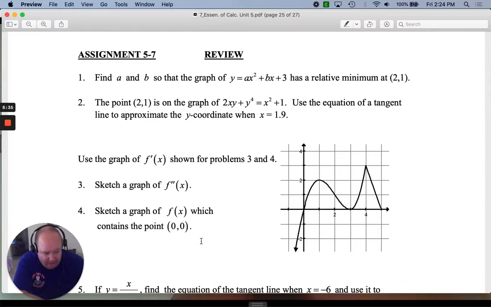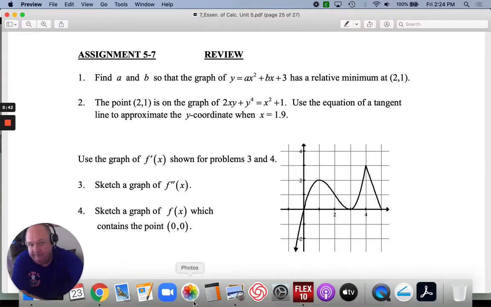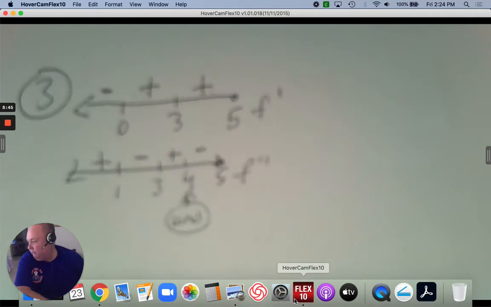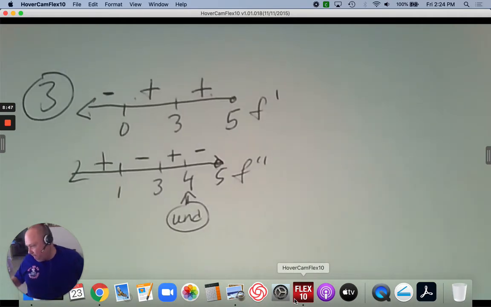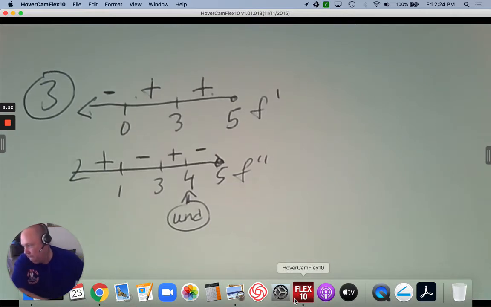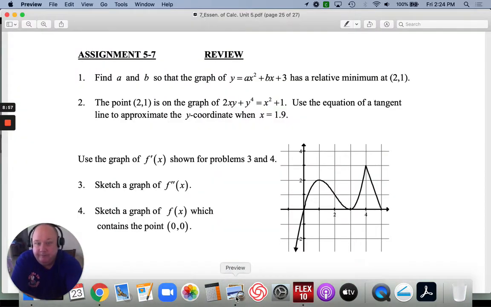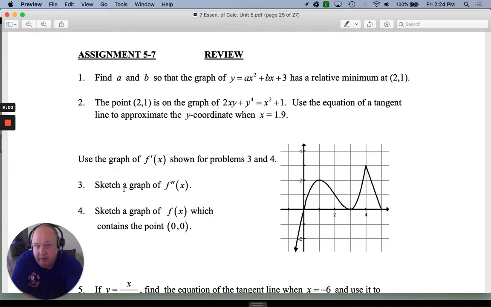And the derivative at 4 is undefined because of the sharp corner. So that's what I have so far. So if I was going to sketch a graph of the second derivative, it goes above, below, above, below.